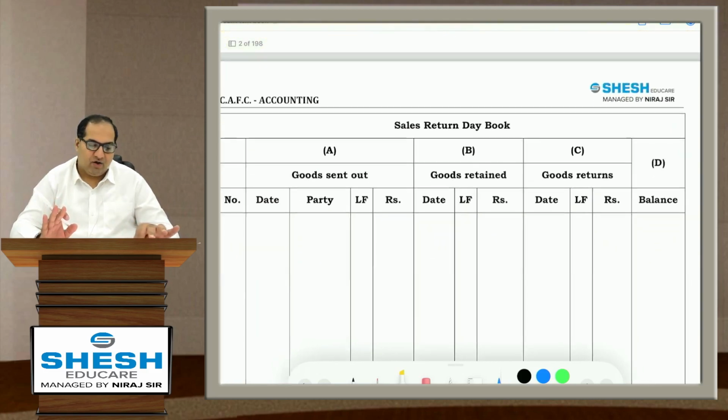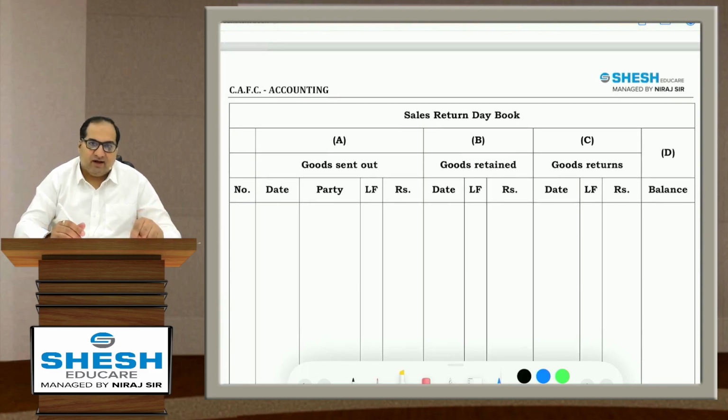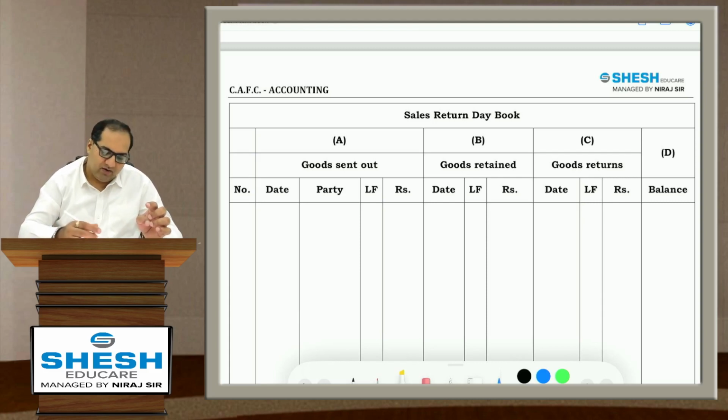How it operates. Sale or return day book. This is a journal. Number it 1, 2, 3, 4 serial number. The date on which we have dispatched the goods, to whom we have dispatched the goods, and the LF column is to do the ledger posting in the rough ledger. Then goods retained. Here again you have not written the party's name.